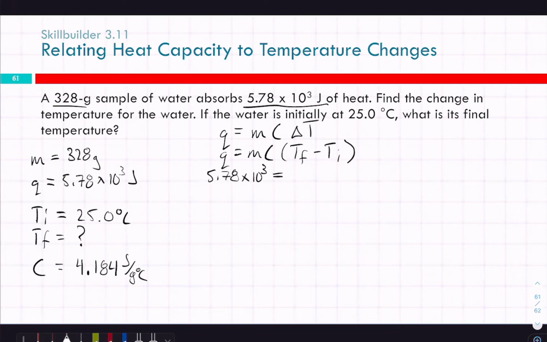So we have the joules, we have a mass in grams. We have 4.184, that's joules per gram degree C, times our T final, which we're looking for, minus 25.0 degrees C.